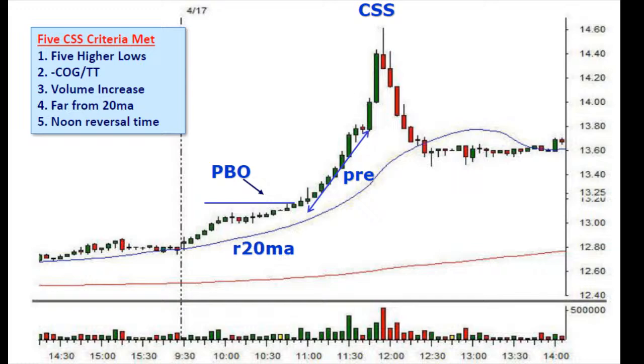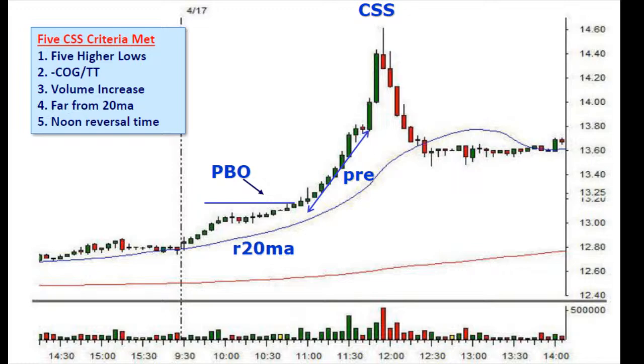It's not the initial grind up, but it's the explosion after it pops hard somehow, but not so hard that it becomes climactic. This is the state that I call pre-climactic.